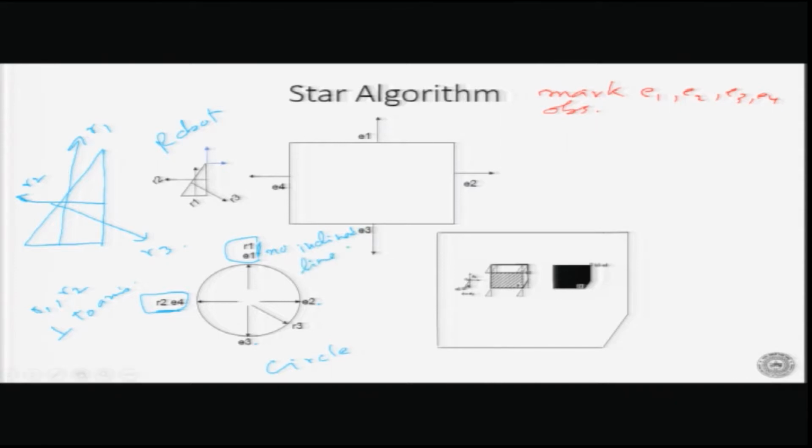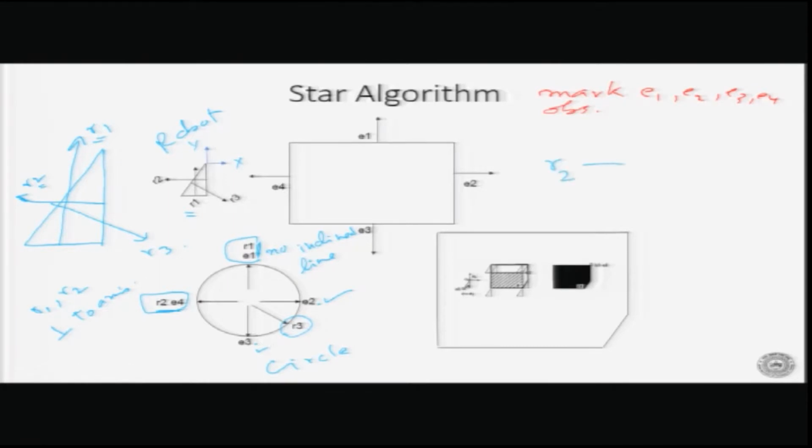Why? Because R1 and R2 are perpendicular to the x and y axis, that you can see here itself. This is my x axis, that is my y axis. So, two of them are gone and there is only one left. That is my R3, and it is appearing between E2 and E3.